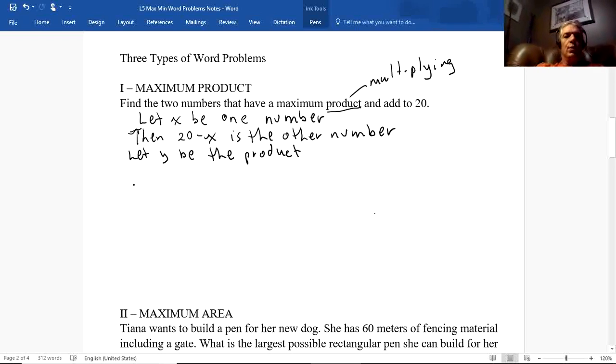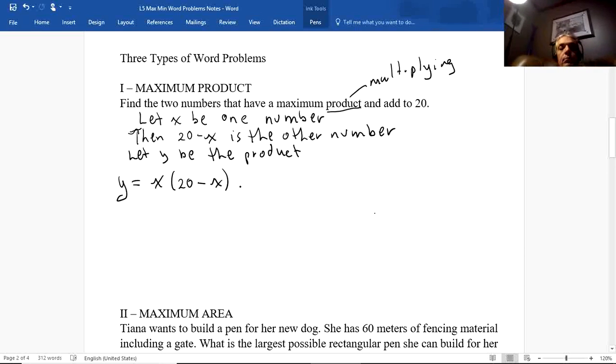And therefore, we say y equals x times 20 minus x. Okay? Now, we're not going to actually multiply them together. We're going to try to find the vertex of this equation.